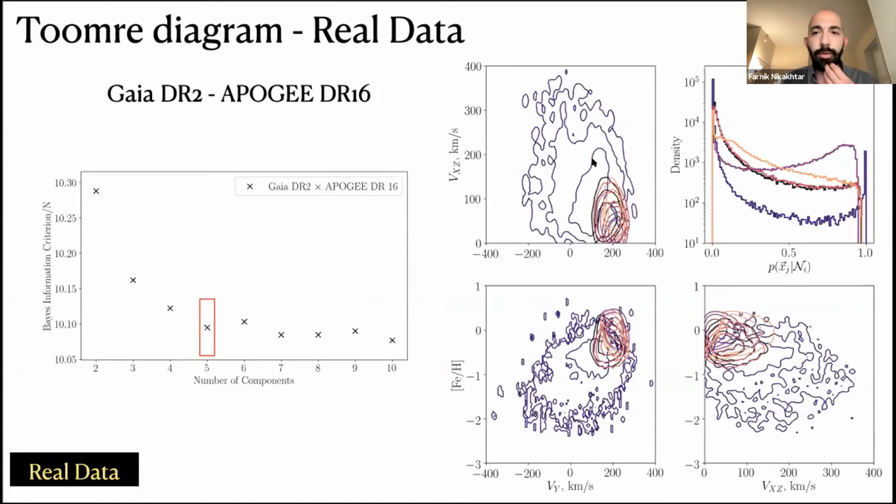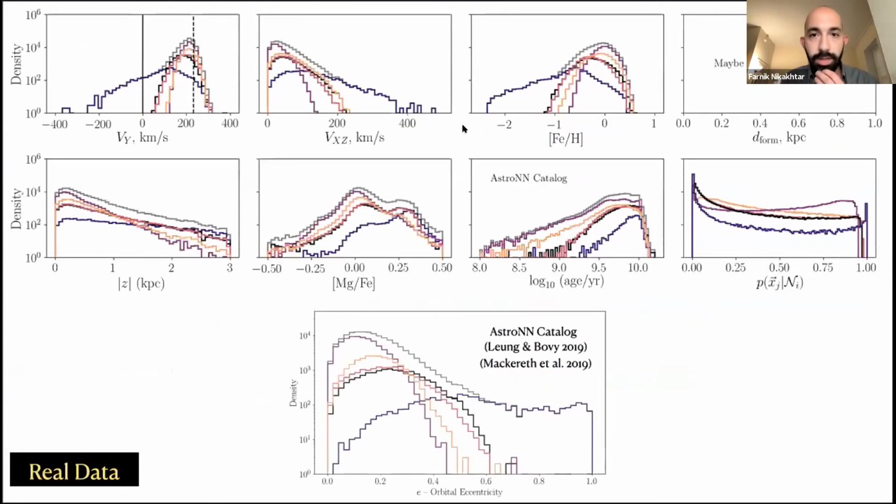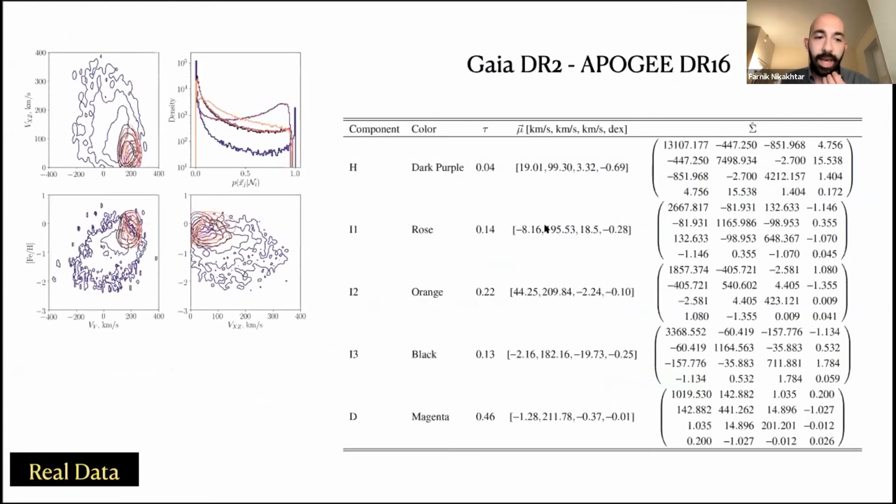So the distributions, of course, are different, but we still have an obvious halo and the thin disk component, and 3 intermediate components in this Toomre diagram. These are the same plots for different distributions, and this is a table that shows our models, that anyone can quickly implement to classify the stars themselves by just finding the probabilities of belonging to any of these 5 components.